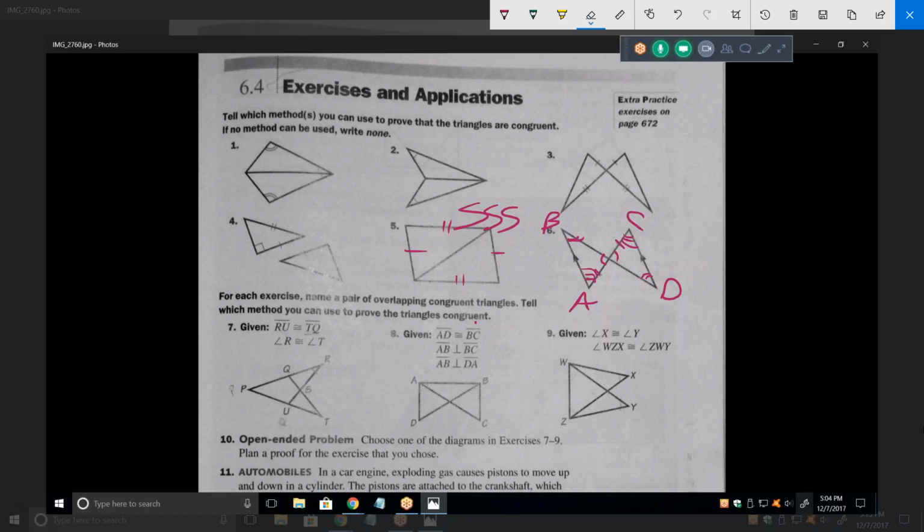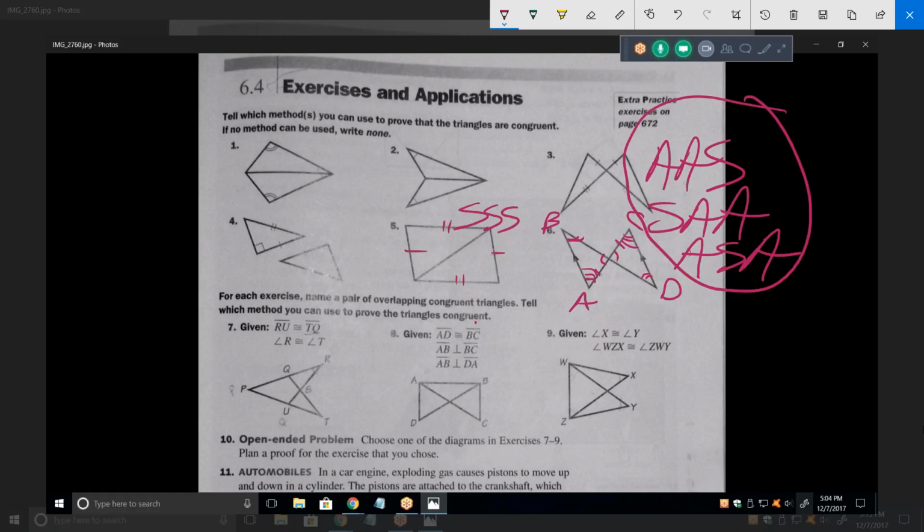So, in other words, all of the theorems that involve having two angles, that's all they have. It's AAS or SAA or ASA. Any of those prove congruency because you have three angles that are equal and one side.